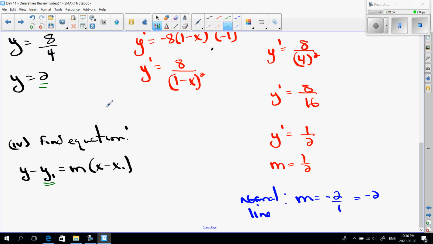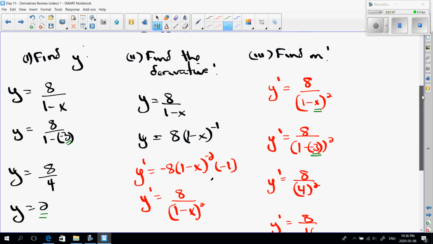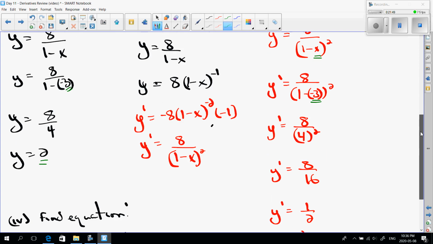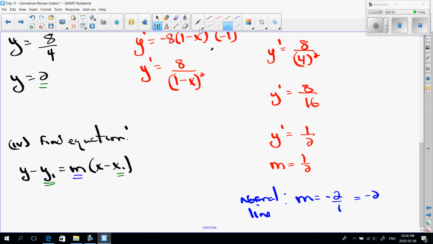That's this 2. M is what I found over here in step 3. That's my -2. X1 is what I was given in the beginning. That was the -3 up here. Okay, so I'm going to write y minus 2 equals -2 onto x minus -3. And away I go, I can solve this.